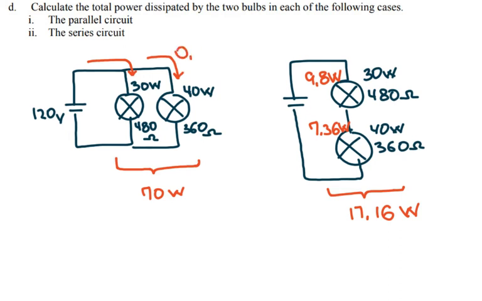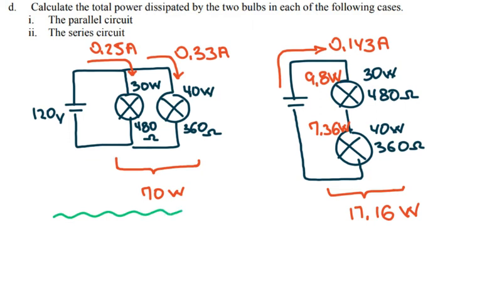So the current was 0.33 amps and 0.25 amps, and the current was lower for them when they were connected in series.